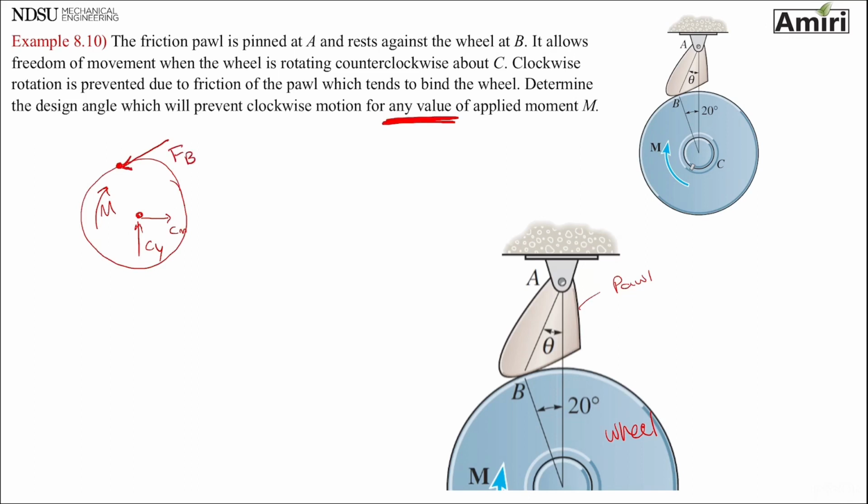Going to have friction, going to have a normal force at B. You don't need any equations of equilibrium to solve this problem if you use a free body diagram of the wheel. You can use very basic resultant vector addition and solve this problem. Let's see.